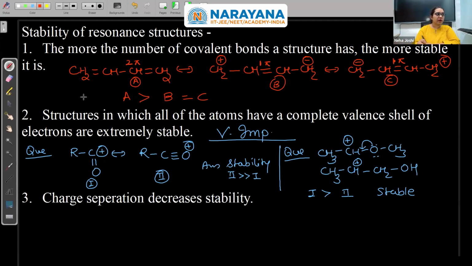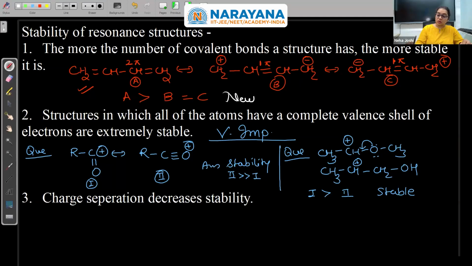So more number of pi bonds, you can call it that this is more stable. Okay? The same thing is also referred to as: neutral structures will be more stable than charged structures. Certainly, because neutral structures will definitely have more number of pi bonds if they are converted to charged ones.